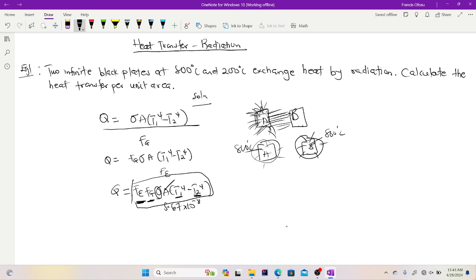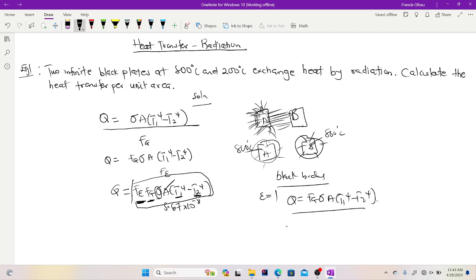Whenever the emissivity is 1, so let's say when you are considering black bodies, we have sigma A (T1 exponent 4 minus T2 exponent 4).